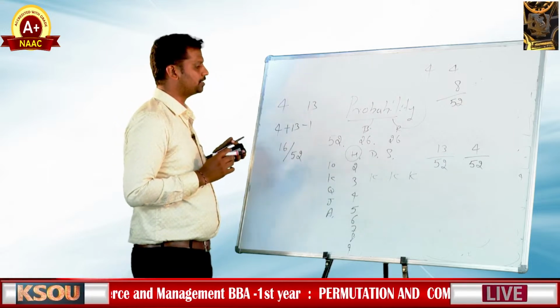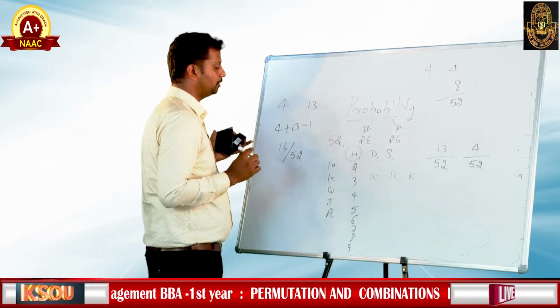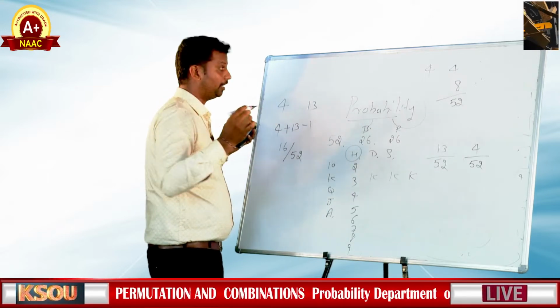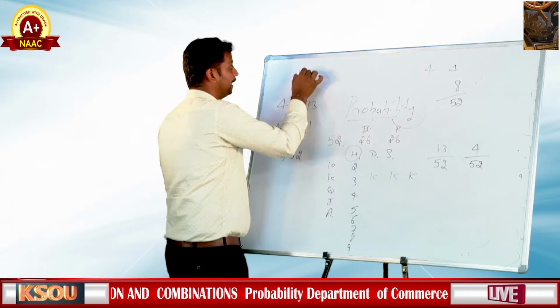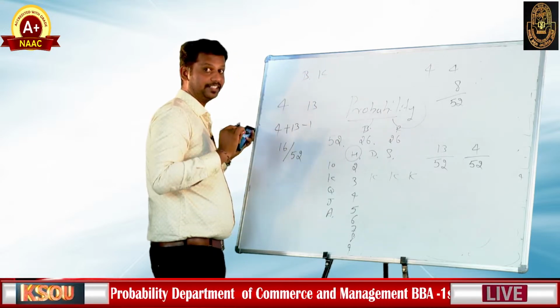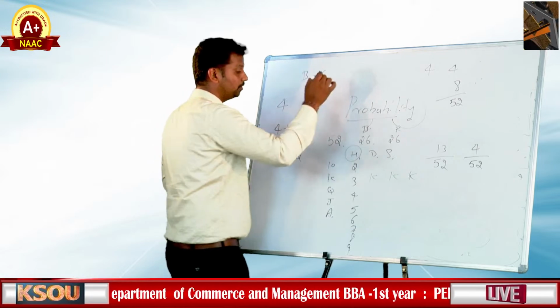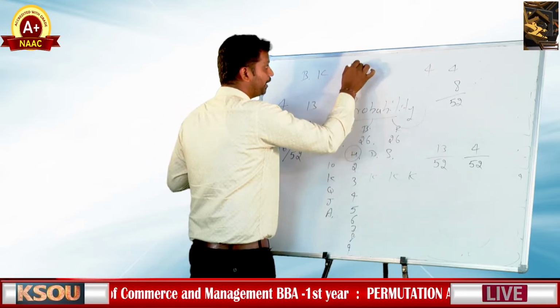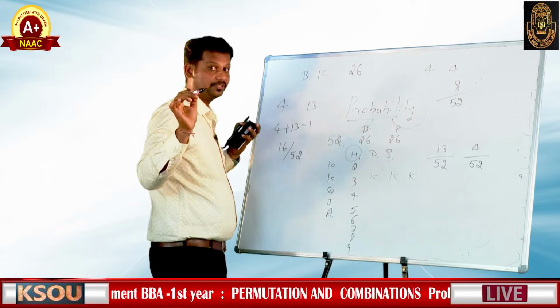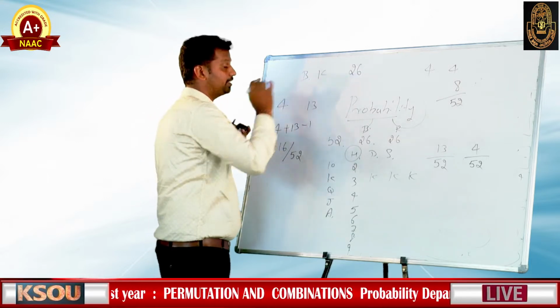Then sometimes they ask questions related to color. What is the probability of red or king? Out of 52, how many cards are red? 26 cards are red color. Out of 52, 26 are red.